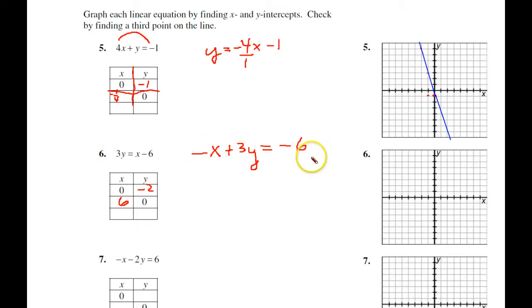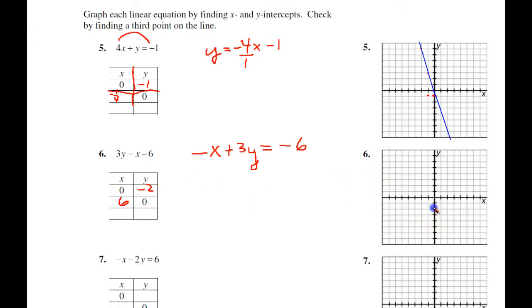Now it's in standard form and easy to use this t-chart. So if x is 0, y will be a negative 2. And if y is 0, a negative x equals a negative 6, but a positive x equals a positive 6. Just change the signs.